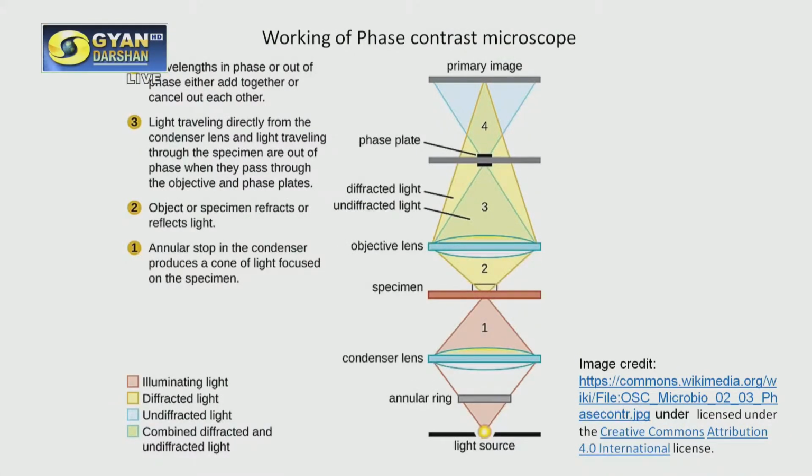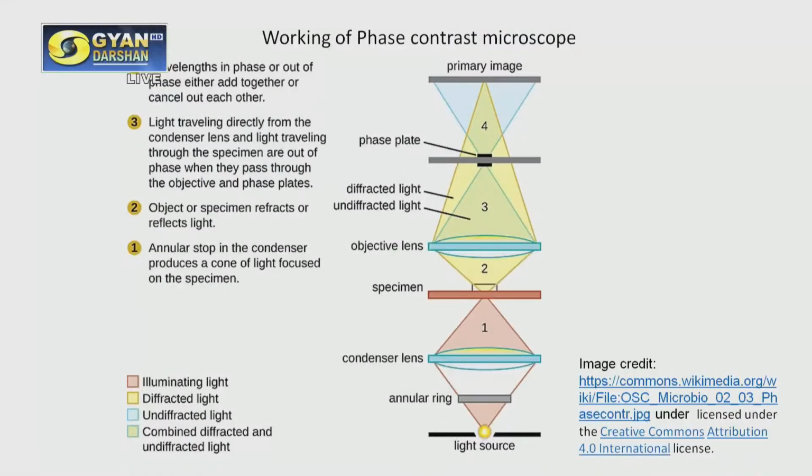In the phase contrast microscope, two types of light are produced. One light is diffracted from the biological specimen, which produces changes in the refractive index, and one light is not deviated; the non-deviated light just passes through the surroundings of the specimen. This light is captured by the objective lens, and the objective lens releases the deviated light from the specimen, which goes to the phase plate.